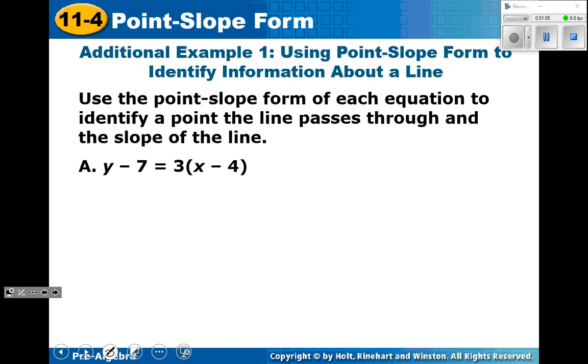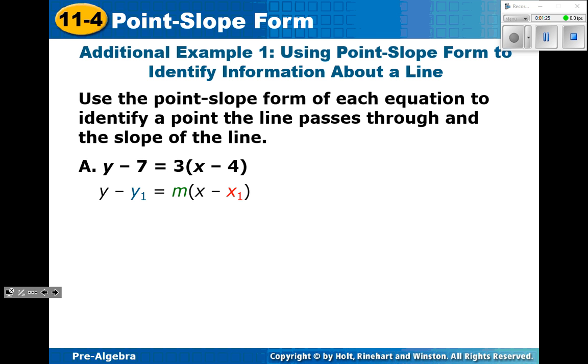So the problem says, use the point slope form of each equation to identify a point the line passes through and the slope of the line. Remember back to slope-intercept form, you could pull out the slope and the y-intercept. Here you can pull out a point on the line and the slope.